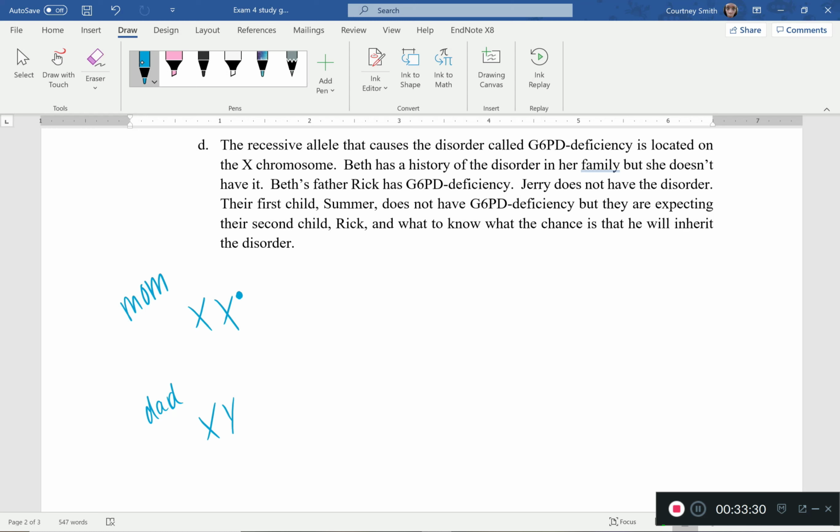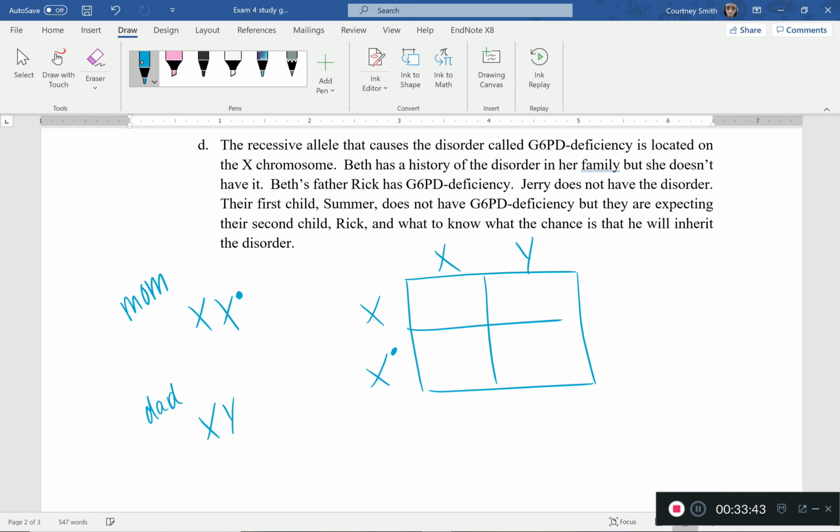Okay, so now let's go ahead and cross mom and dad. We can see from this Punnett square that if they have a daughter, there's a 50% chance of their daughter being a carrier, but there is no chance of their daughter having the disease.